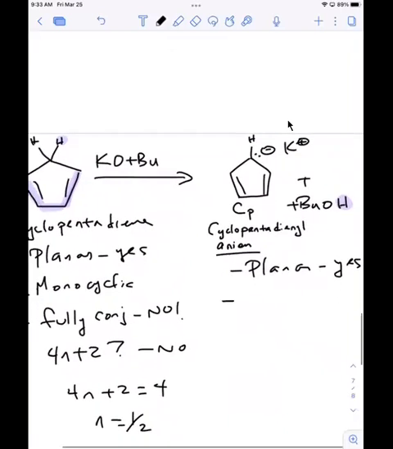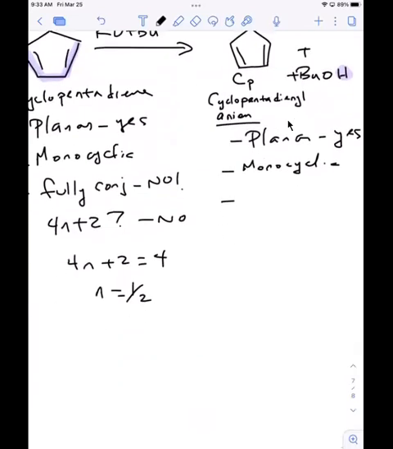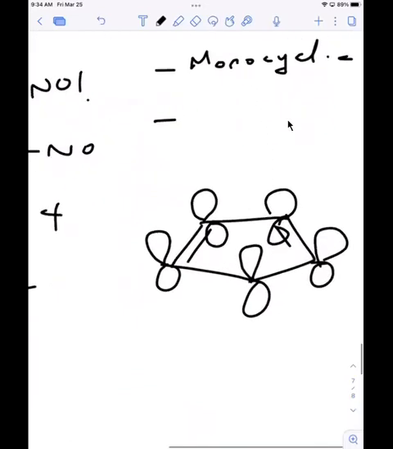It's still monocyclic, right? Is it fully conjugated now? Let me draw it out in 3D. Well, kind of like 3D. So that lone pair that's now on that carbon, we can put it in a p orbital.